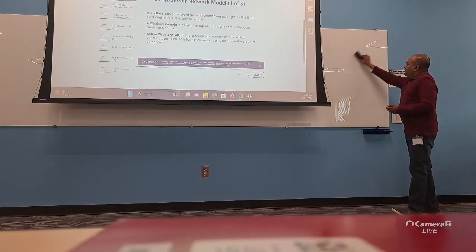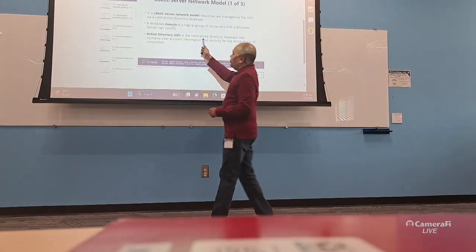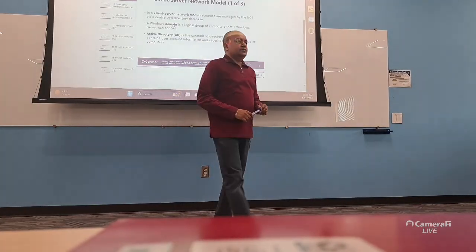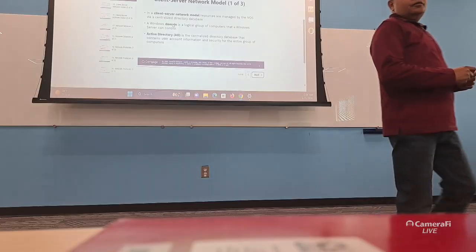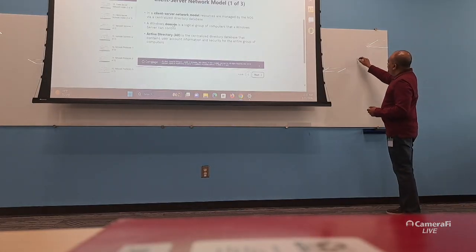Okay. Now for authentication purposes, we have an application called Active Directory. This is by Microsoft. This Active Directory is a centralized directory. You can consider it as a database, but it is a service by Microsoft which runs on a server, and we call it domain server.